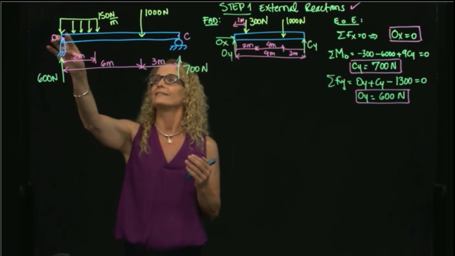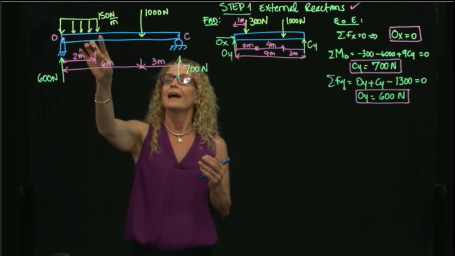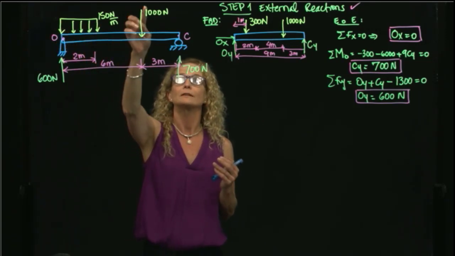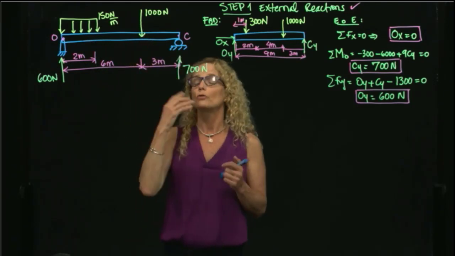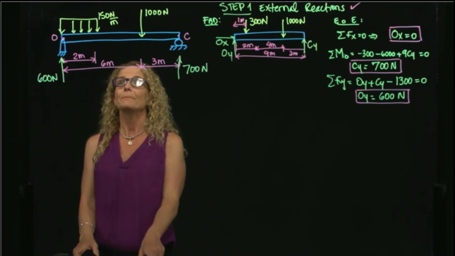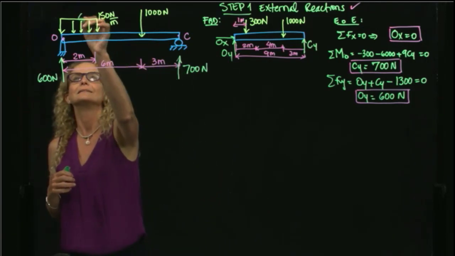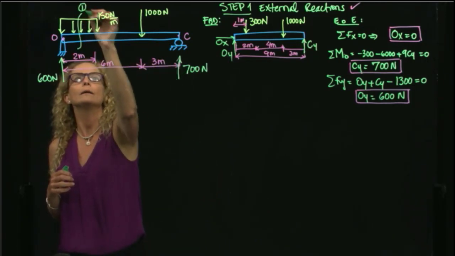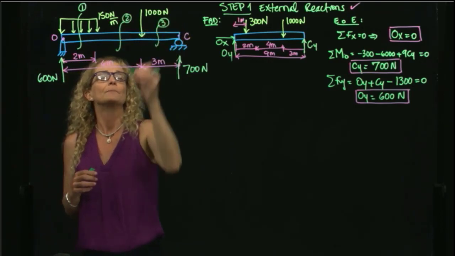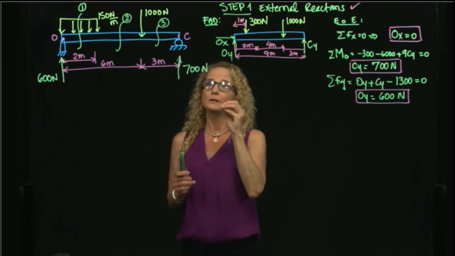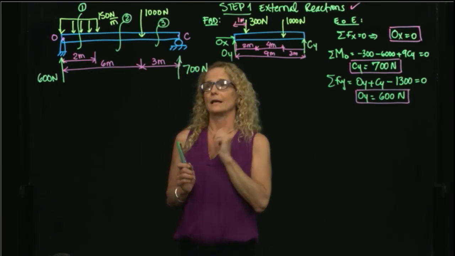In this case, we see that we have a distributed force, and then we don't have any distributed force, and then we have a concentrated force, and then we don't have any load. So I will divide my beam in 3 sections. I will call this section 1, section 2, and section 3. And I will do the free body diagram of each of these sections.